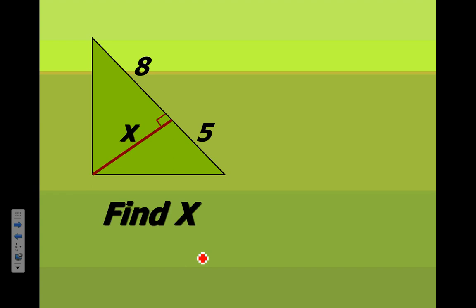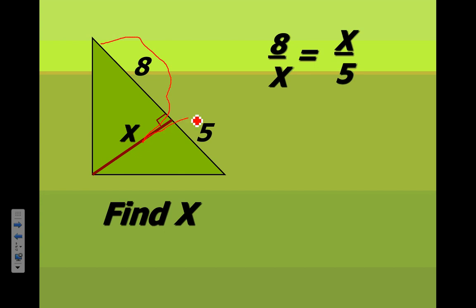Alright, so if we need to find out what the altitude is, and we know the hypotenuse is broken in two segments, we're going to say that 8 over x equals x over 5.